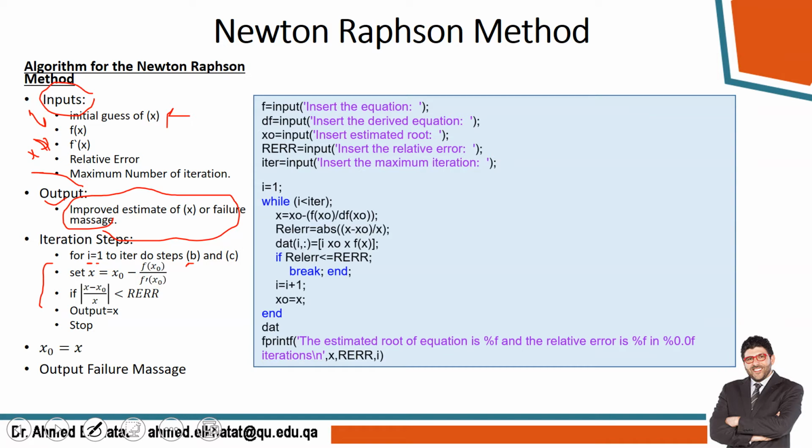Set x equal to x naught minus f of x naught over f dash x naught, and if the relative error is reached, then output x and stop, otherwise output a failure message. So let's try it here.